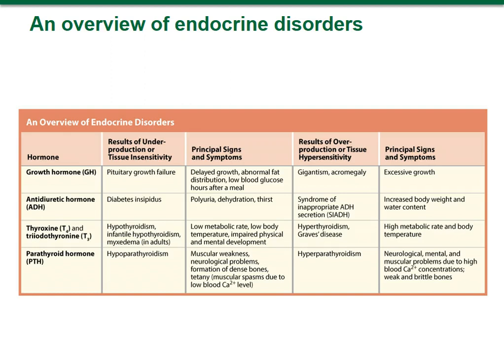If you have overproduction of T3, T4, that's the hyperthyroidism and Graves' disease. And for PTH, results of underproduction, hypoparathyroidism, and overproduction is hyperparathyroidism, and you can see there the different effects those have.